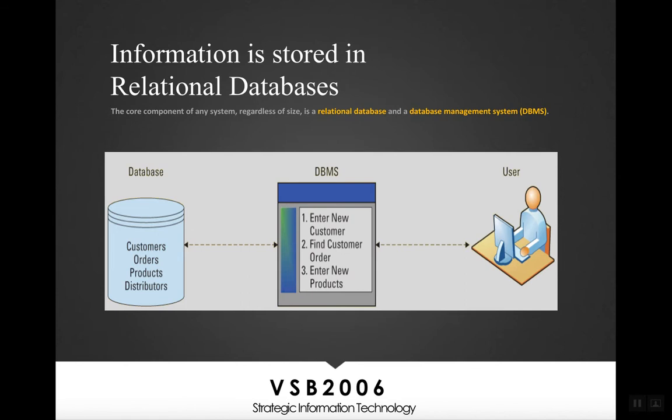We will be using a Microsoft product called Access, which is a smaller desktop type of system. So the thing you want to remember here is the idea of a relational database being made up of tables, and a database management system is the thing that people interface with. You interface with the DBMS, and the DBMS interacts with the database on your behalf and returns the information.